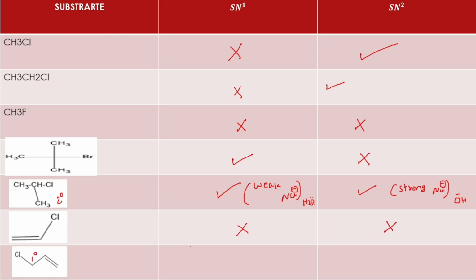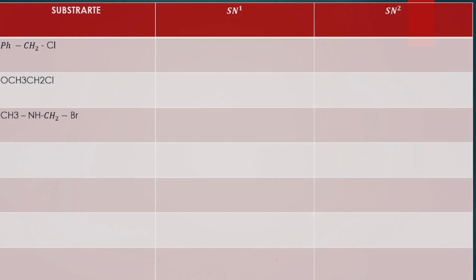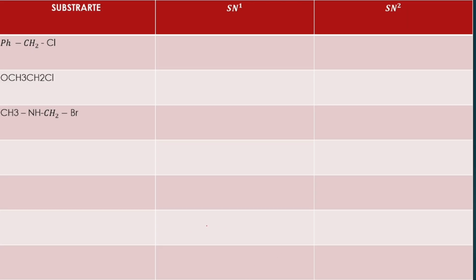Here both are possible, SN1 is possible and SN2 also possible. Next, benzyl. It is also primary. SN1 due to the more stable benzyl carbocation, and SN2 is possible because of primary alkyl halide.